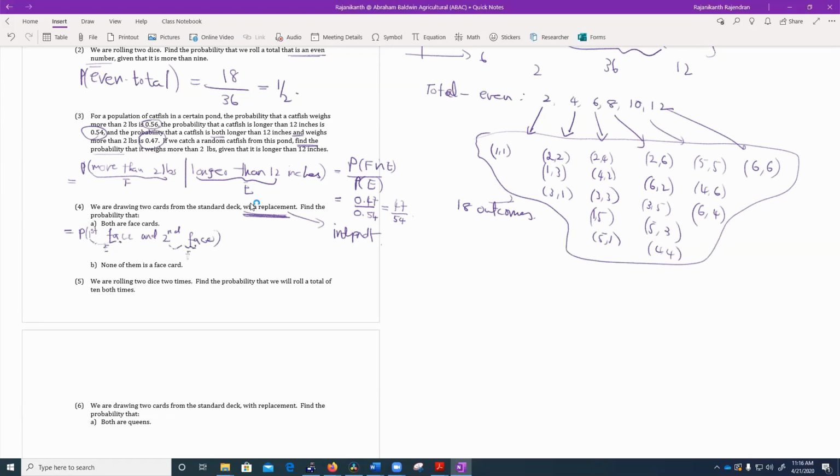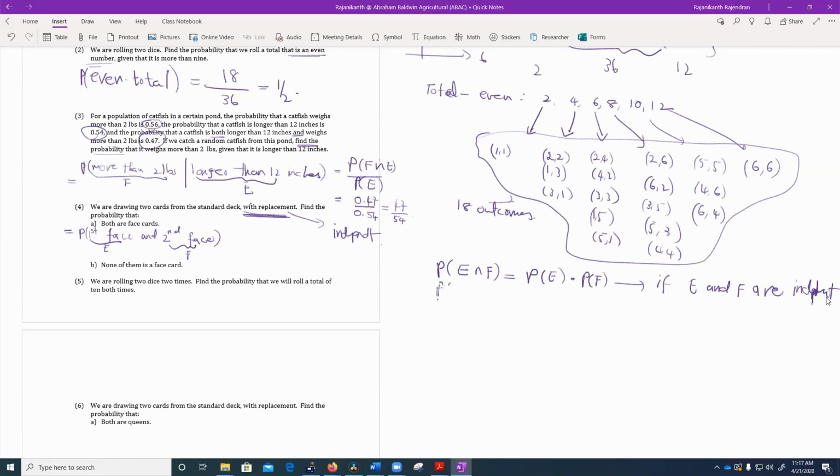Now we need to find the probability of E and F. So remember the formula we have. The probability of E and F is given by just the product of these two events separately. This formula is valid if E and F are what? Independent events, right? You could go and check your lecture note 6.3.